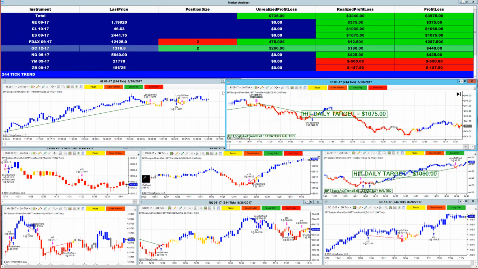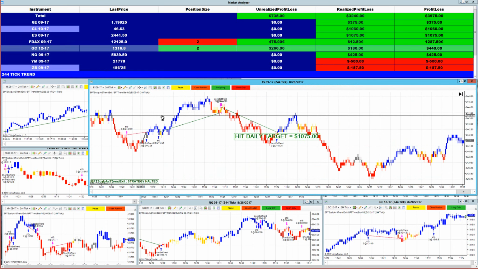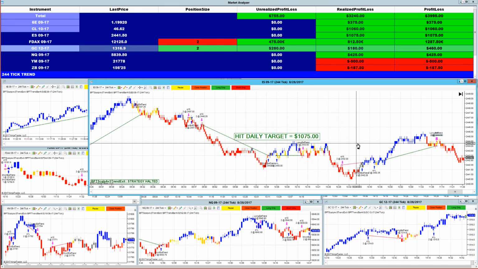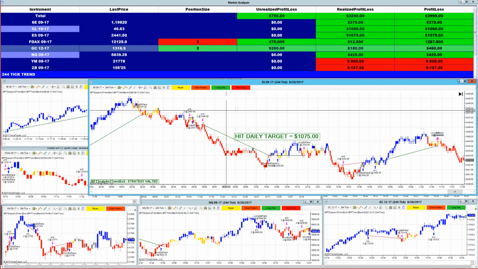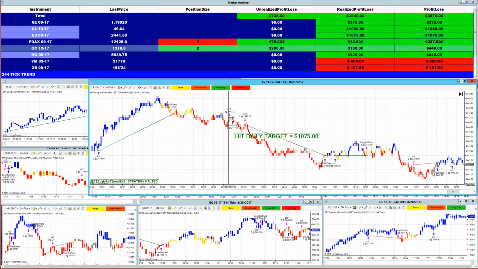Let's look at the ES today. And the same story on the ES, break even, small losses, and then we start taking some trades. And you can see this is very important because any guy can claim swing trading.